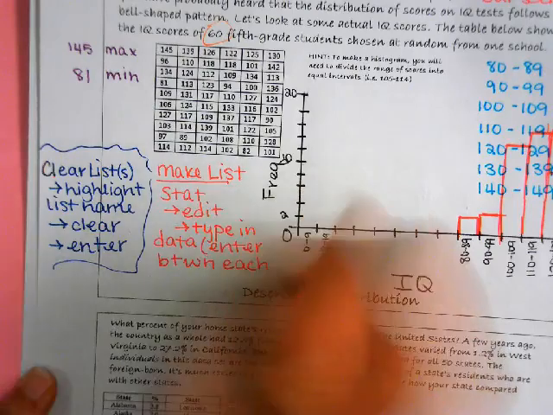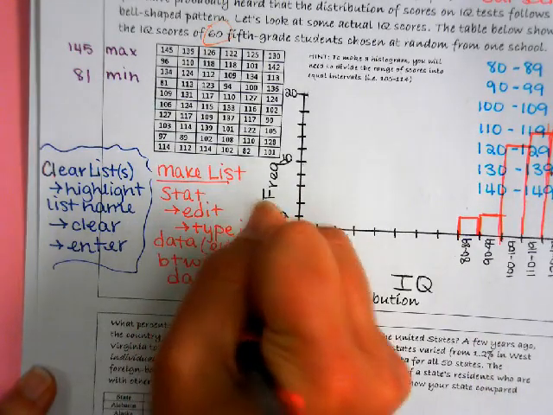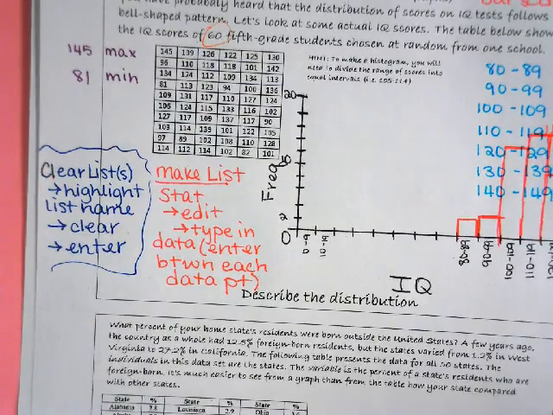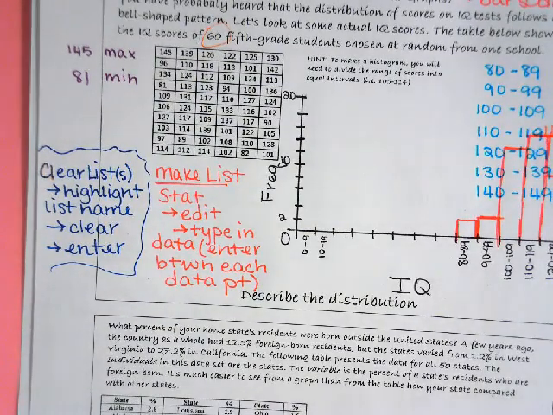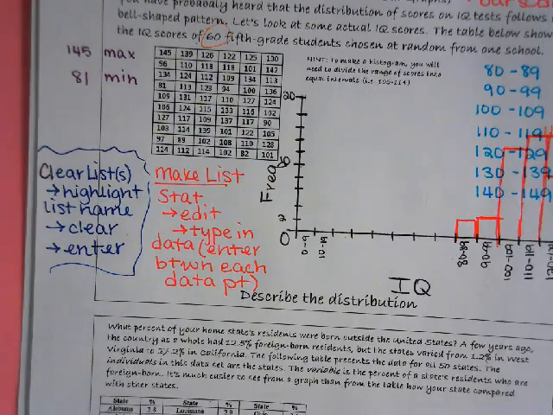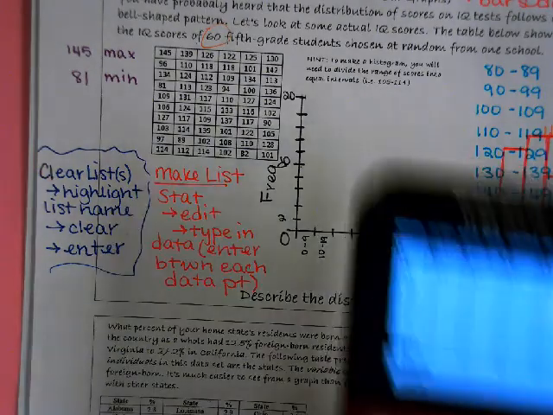Everybody have the data in there before we get to the graph part. Alrighty. One cool thing, well, I think it's cool. You guys will probably think I'm weird. We know there's 60 pieces of data, right? The calculator actually counts the data for you.